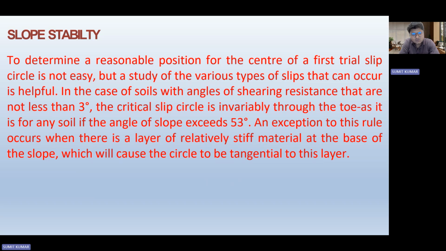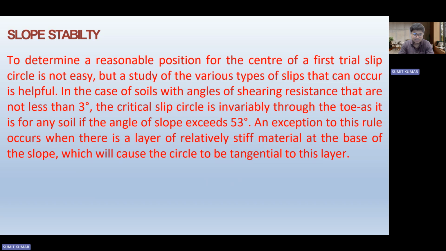In the case of soil with an angle of shearing resistance not less than 3 degrees, the critical slip circle is invariably through the toe, as it is for any soil if the angle of slope exceeds 53 degrees. Exceptions to this rule occur when there is a layer of relatively stiff material at the base of the slope, which causes the circle to be tangential to the layer. But one important thing to mention is that this could be used as a thumb rule for some point of time if there is no possibility of considering other things.